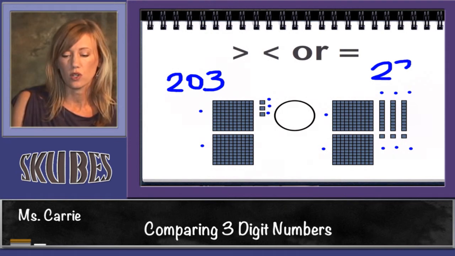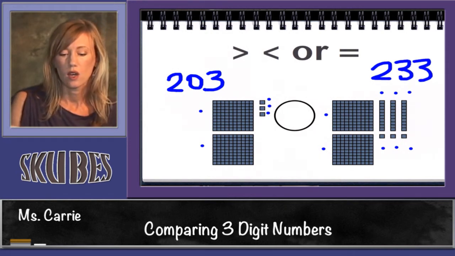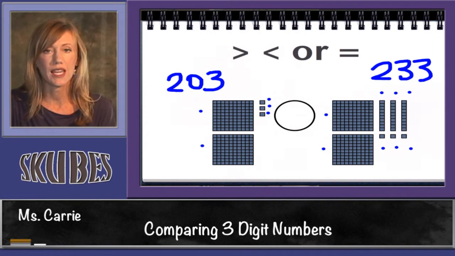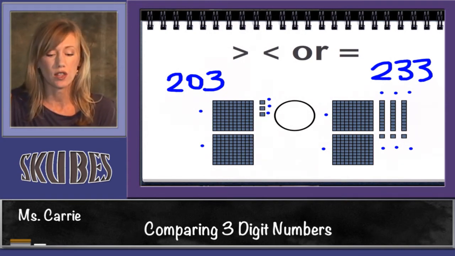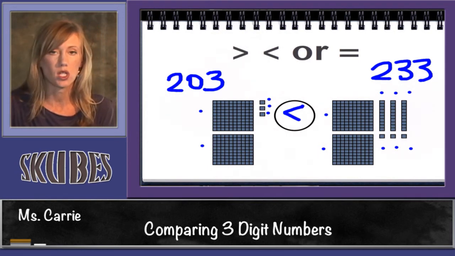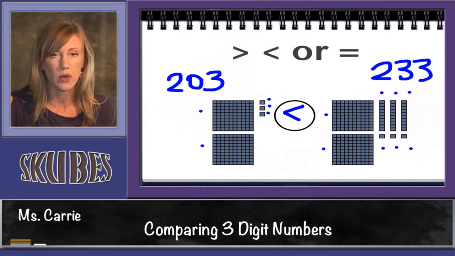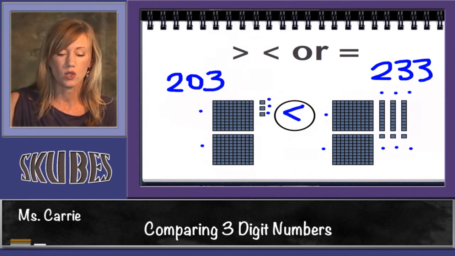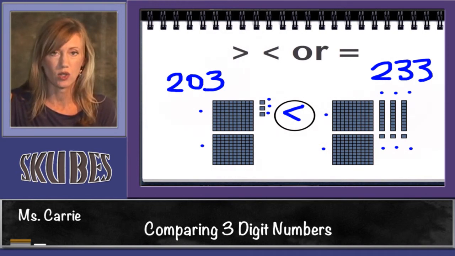This is worth 233. Well, we know that 203 is less than 233, so we'll put in our correct symbol. The point points to the smaller number and the open points to the bigger number. It would read 203 is less than 233.